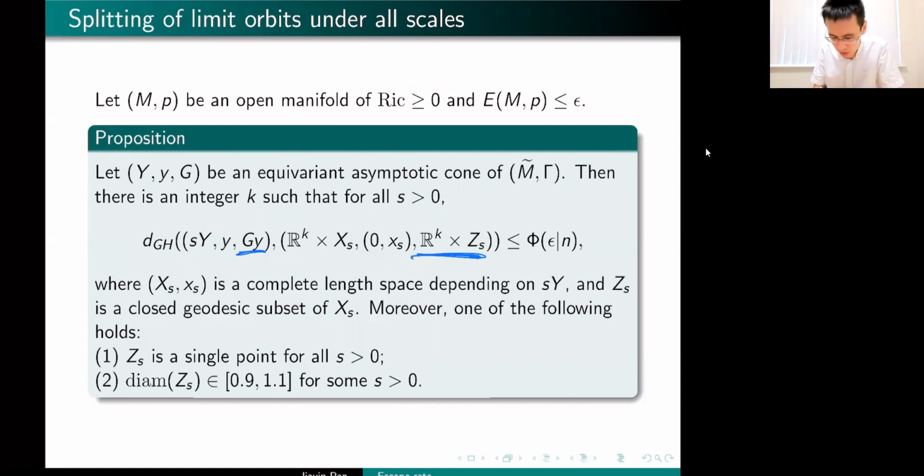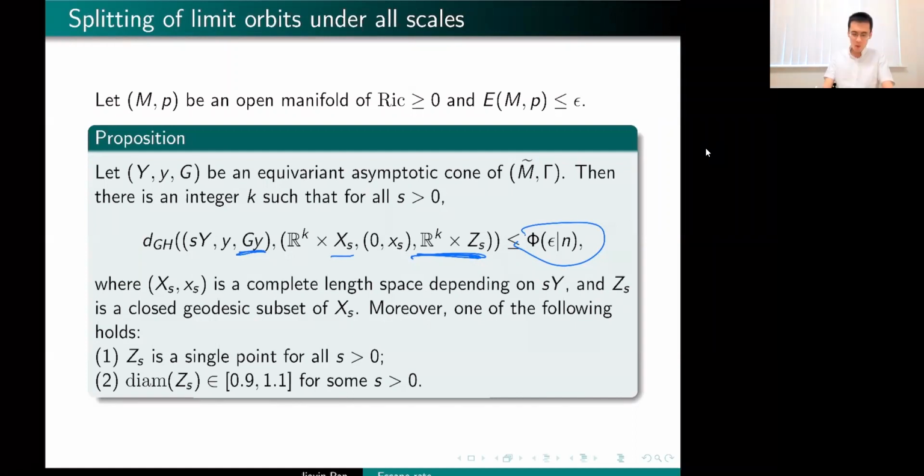The distance between them can be uniformly controlled, only depending on epsilon and n. Here, X_s is a length metric space that may depend on s·Y, and Z_s is a closed geodesic subset of X_s.